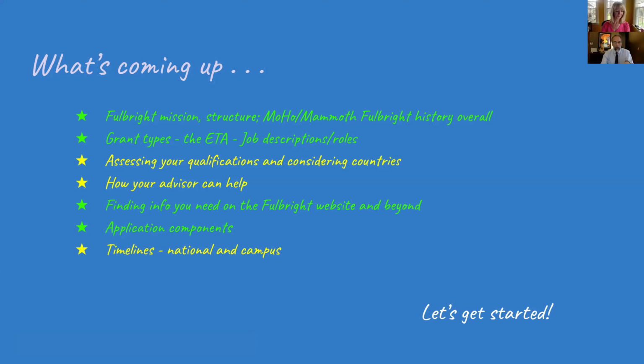We'll want to talk with you a little bit about how you might think about your professional toolbox, what you have as skills and experiences that you can mine that might equip you to be a competitive ETA candidate. We'll talk about how you might inventory that, and think about what your teaching qualifications are and what your teaching-like qualifications might be.